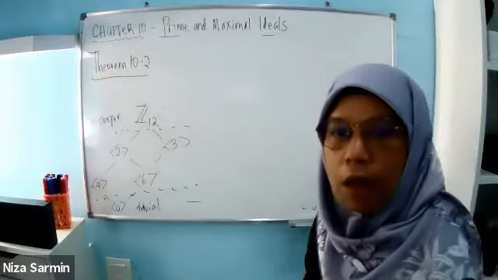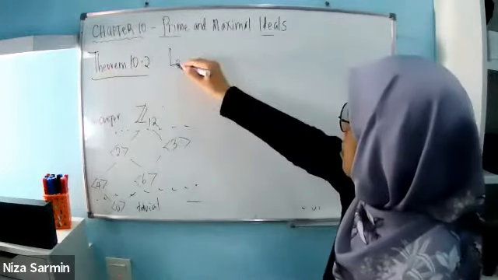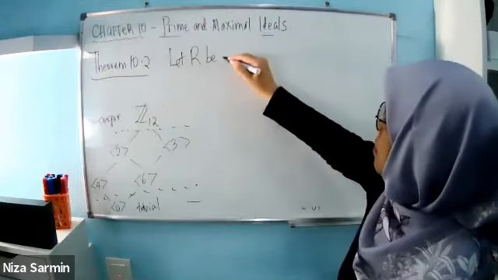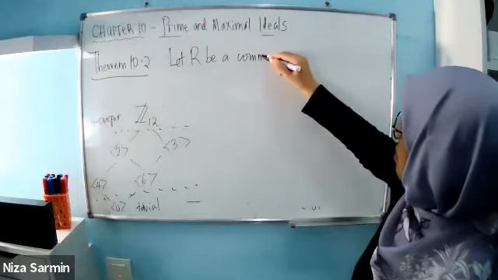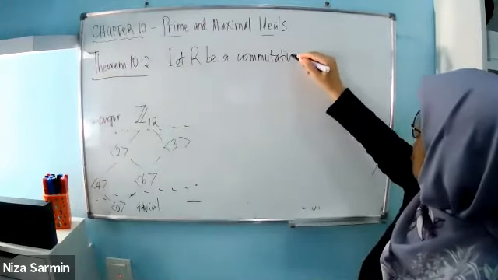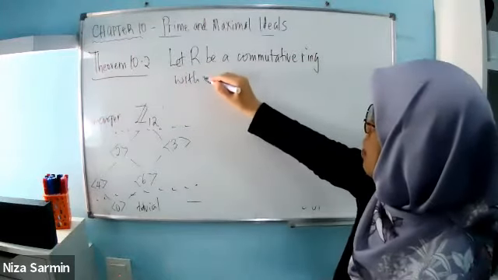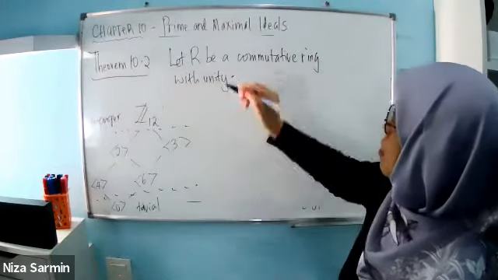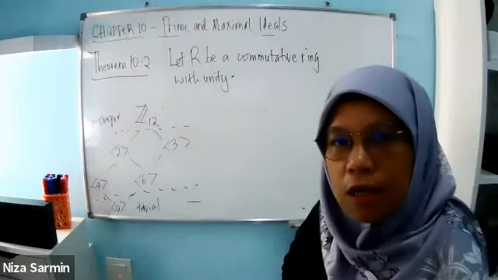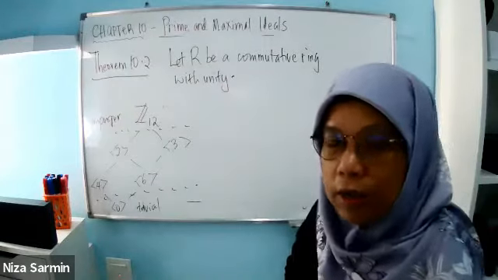Okay. Let R be a commutative ring with unity. So I need the unity, the one.